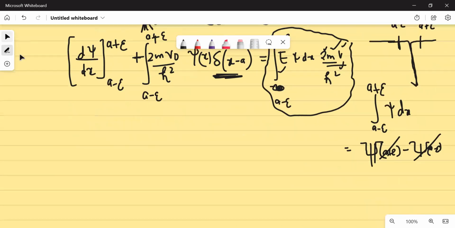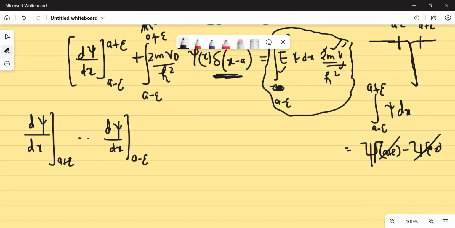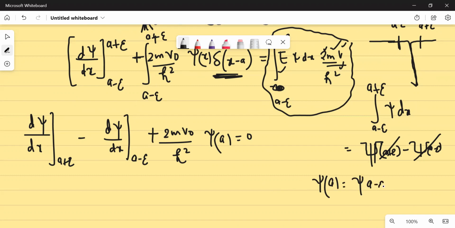So this will be some non-zero integral, and this will be d psi upon dx at a plus epsilon minus d psi upon dx at a minus epsilon, plus 2m V naught upon h bar squared times psi at a, equal to 0. Further, you know that your wave function must be continuous at a, so you can write that psi at a should be equal to psi at a minus epsilon and equal to psi at a plus epsilon.